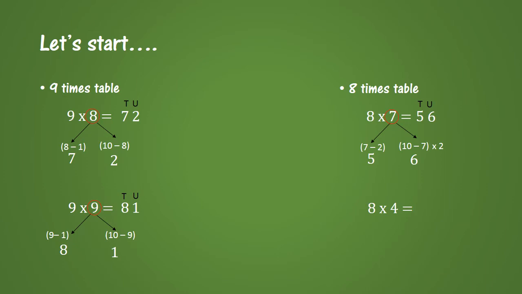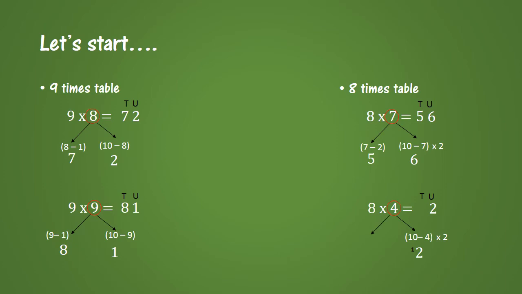Now let's take another example of 8 into 4. So here the face value is 4. So for units place, we just have to subtract the face value by 10 first and then multiply it by 2. So 10 minus 4 gives us 6, and 6 into 2 is 12. So we will write 12 this way, and 2 will go to units place and 1 will be added to tens place.